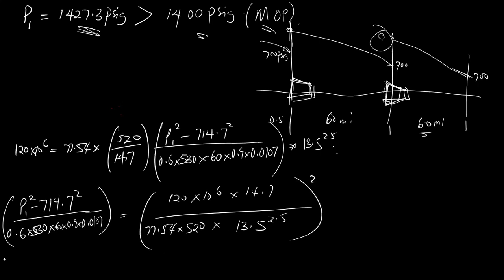Now, so 120 times 10 raised to power 6 times 14.7 divided by 77.54 divided by 520 divided by 13.5 raised to power 2.5 equal to the square.